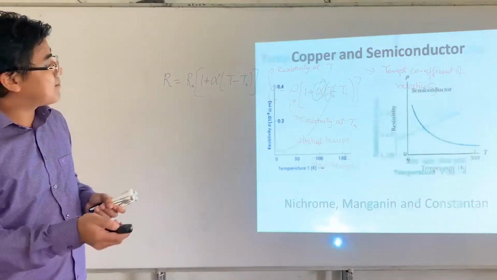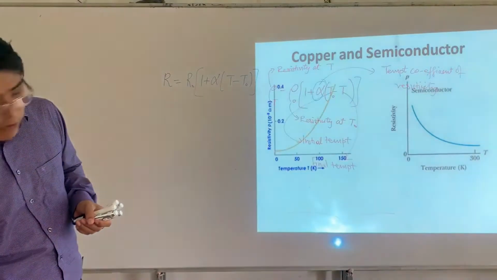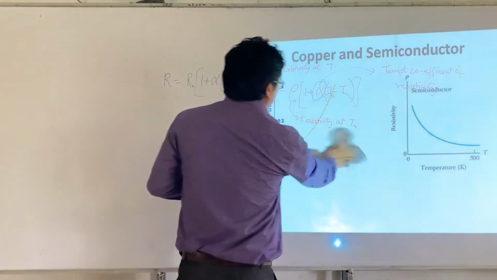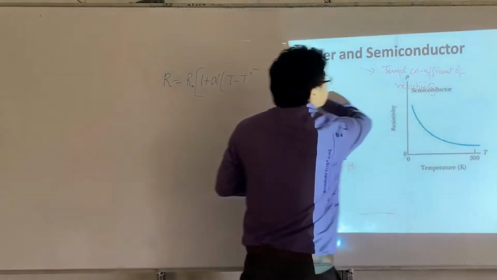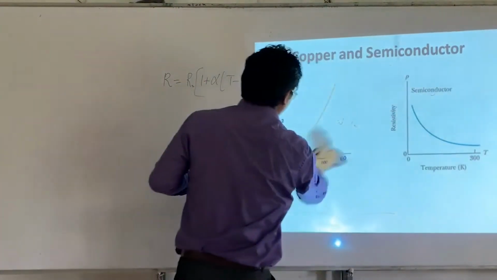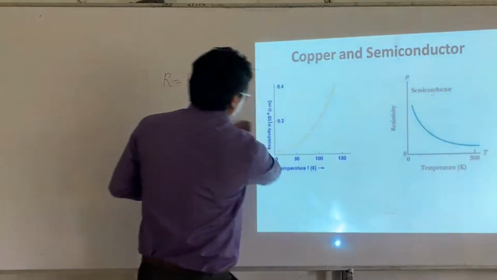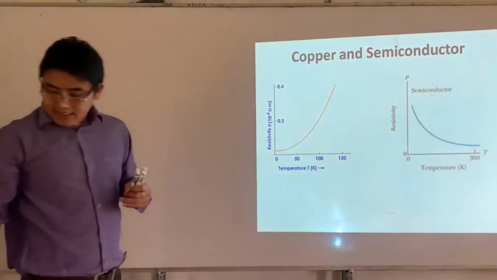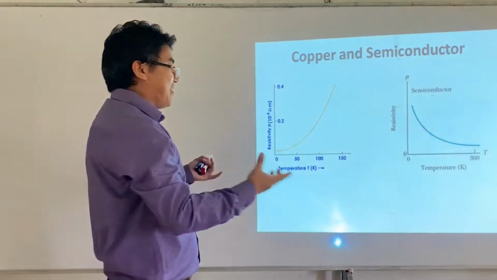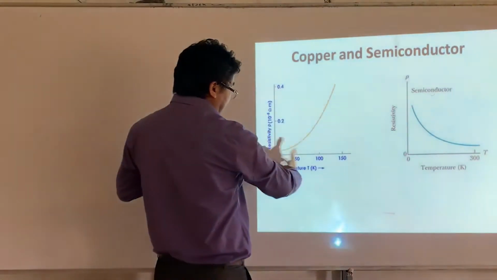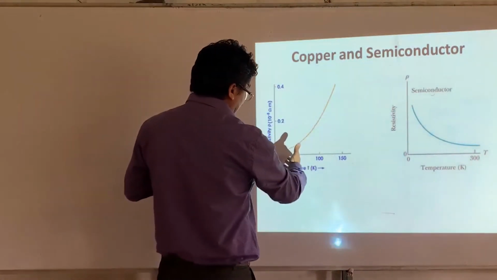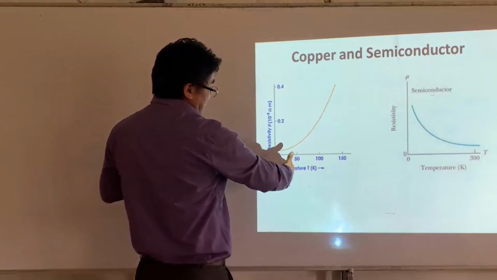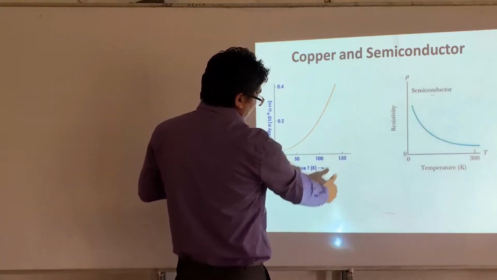And next I would like to show you another metal like copper, and semiconductors. For this, the temperature dependence is a little higher, right? Look here, I studied from 0 Kelvin, then 50 Kelvin, then 100 Kelvin, then 150 Kelvin.